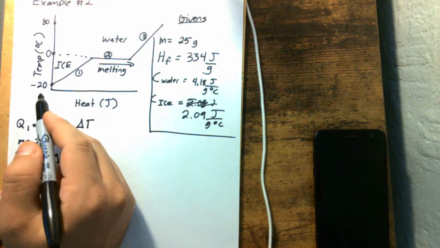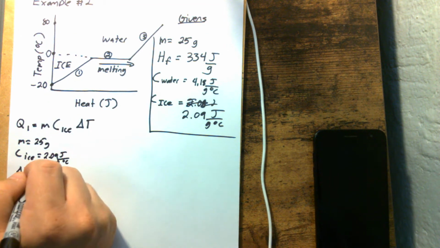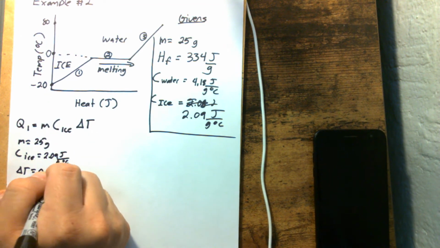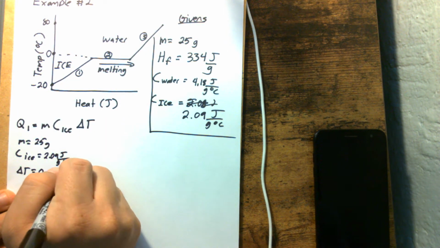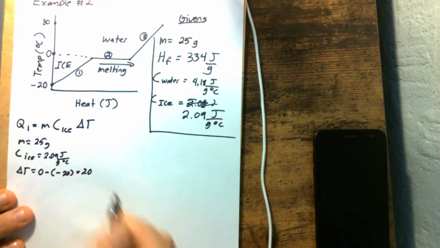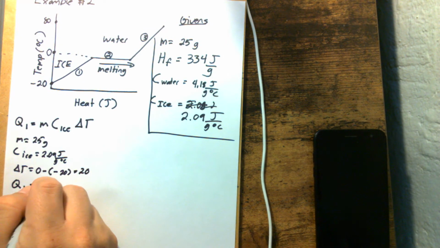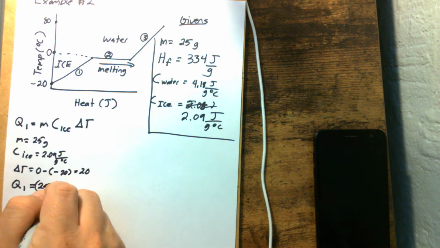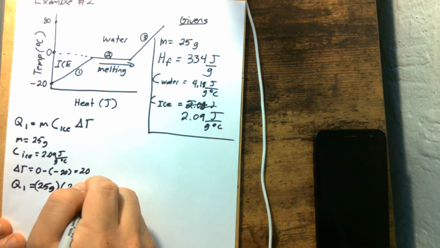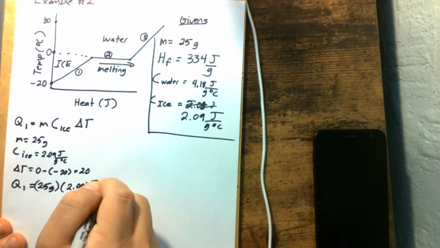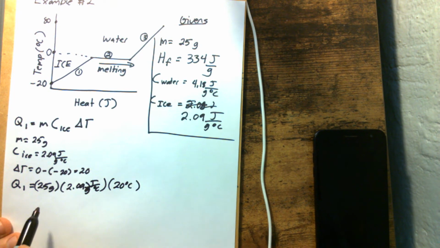So it's going from negative 20 to 0. So we'd have to add 20, or we can do 0, the final, minus the initial, negative 20. So we get 20 degrees. So Q1 is equal to our mass, 25 grams, times 2.09 joules per gram degrees Celsius, times our change in temperature, 20 Celsius.